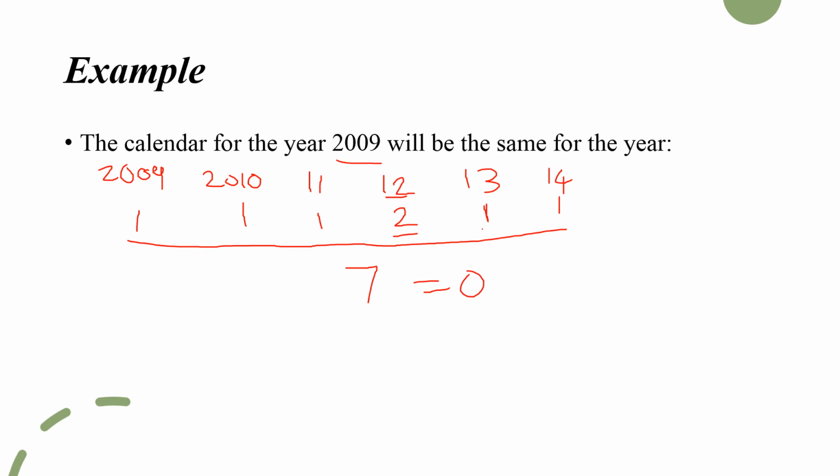So you have to divide this sum of days by 7, and it gives you a remainder of 0. Therefore, the number of odd days for the years 2009 to 2014 is 0. Therefore, the calendar for the year 2015 will be the same as the calendar of 2009. Okay, thank you.